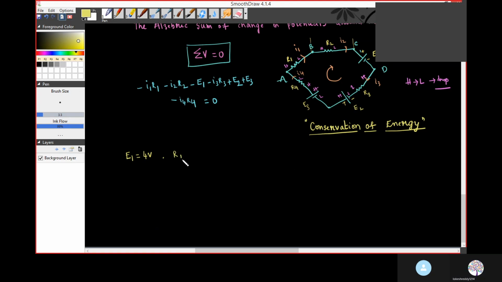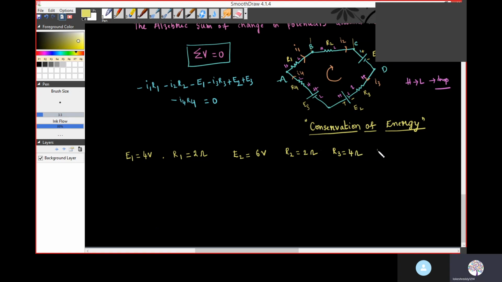R1 is equal to 2 ohms. E2 is equal to 6 volts. R2 is equal to 2 ohms. And R3 is equal to 4 ohms.